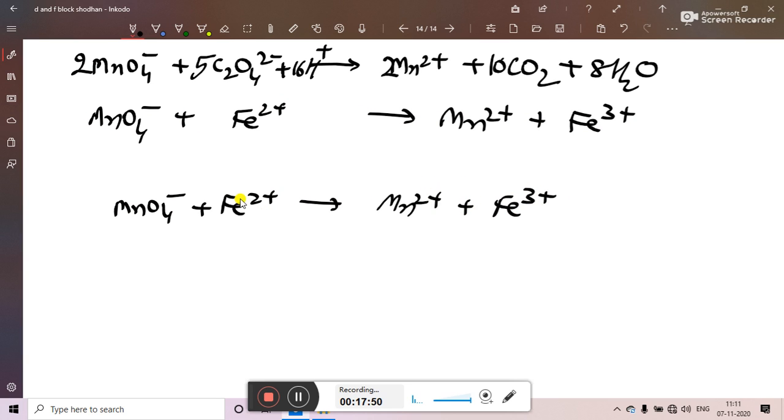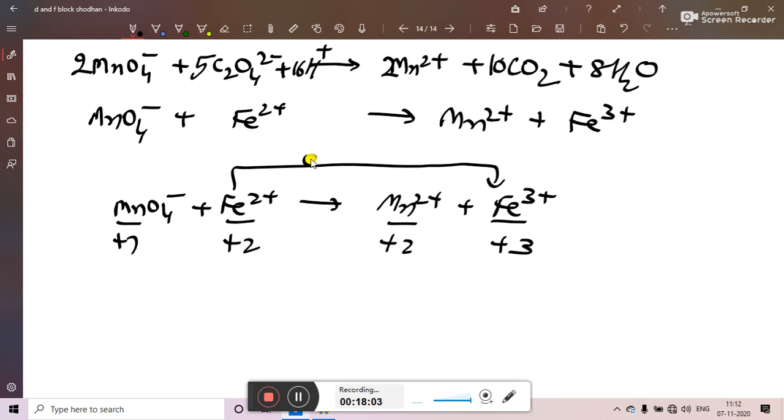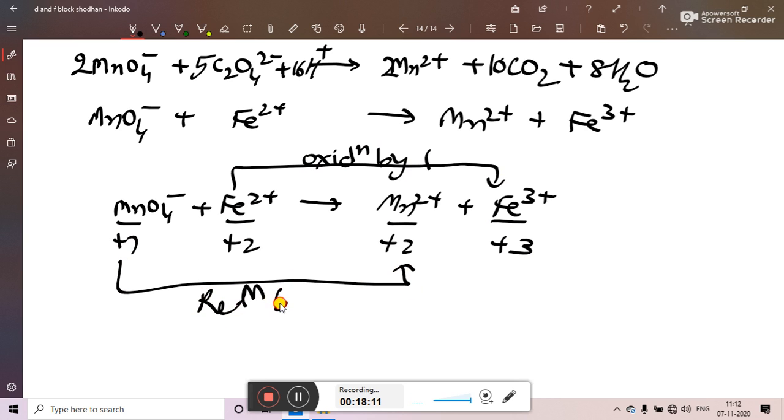Here the oxidation number of Mn is plus 7, iron is plus 2, Mn is plus 2 and iron is plus 3. So Fe undergoes oxidation by 1 from plus 2 to plus 3, and manganese undergoes reduction by 5 from plus 7 to plus 2.